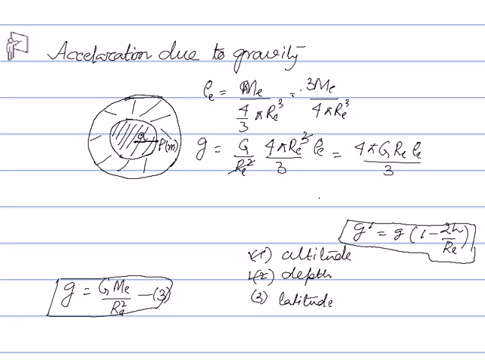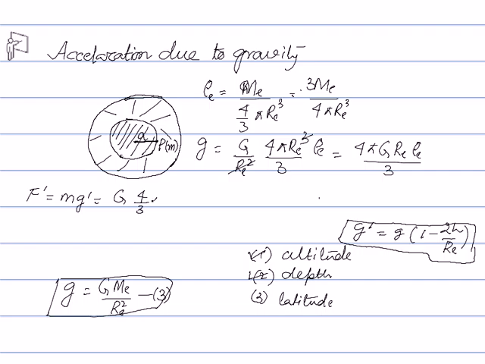So because of this inner solid sphere, what will be the force? Let it be F dash. This F dash produces acceleration g dash. This is equal to G times the mass of the inner solid sphere times m, by the radius of the inner solid sphere squared. Mass is volume into density.